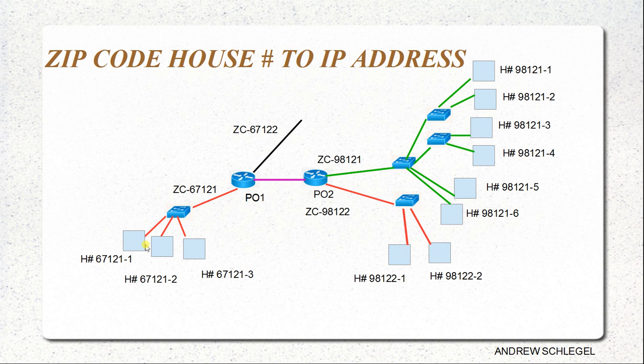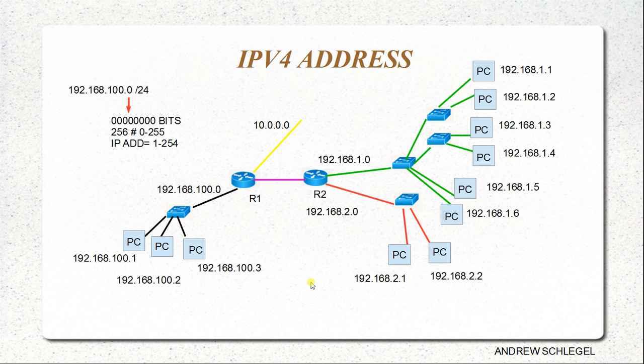The special instructions are, just send it to the post office in the 67121 zip code. They send it to the post office, then the post office sends it to the house. That's exactly what's going on.